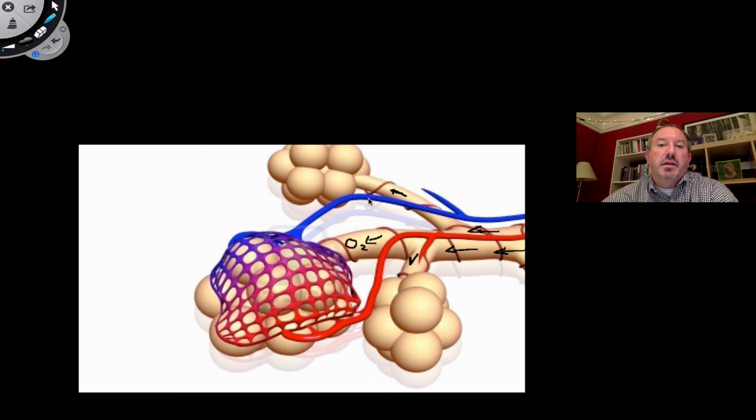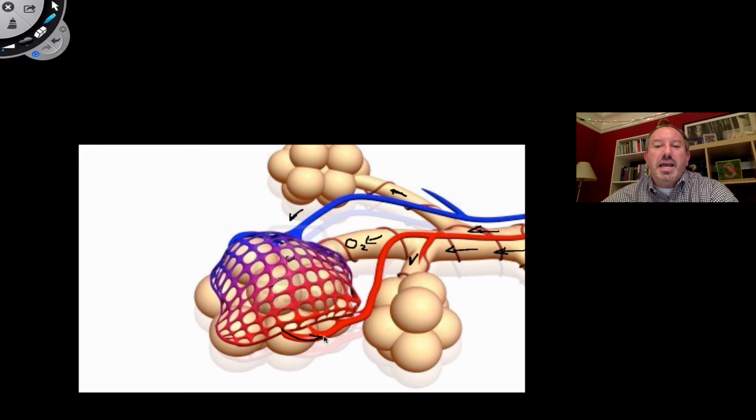And so check this out. The deoxygenated blood is coming here from the heart. And so this is an artery, away from the heart. It eventually breaks down into an arteriole and then capillary. So the blood's picking up oxygen. You see how it's getting red, really bright red. And then it's going to head back toward the heart. So this is the pulmonary circuit, if you're following this.